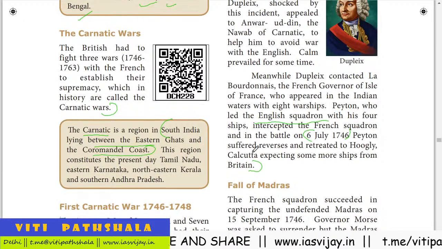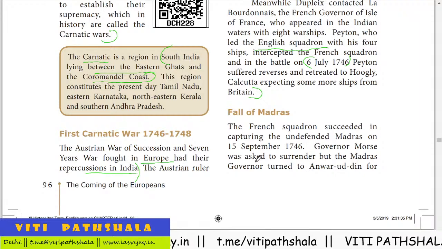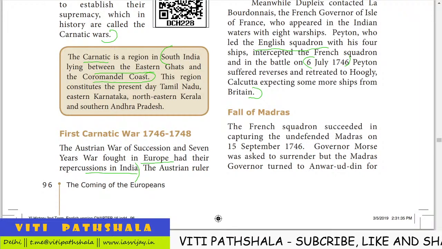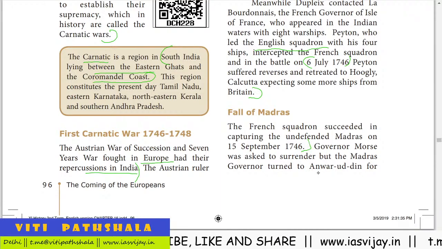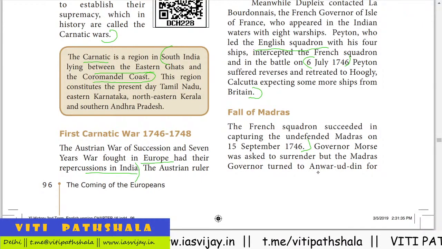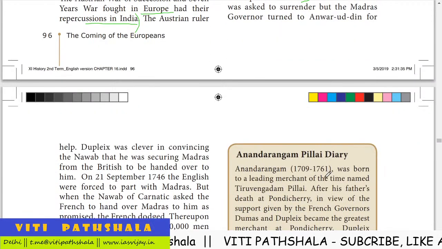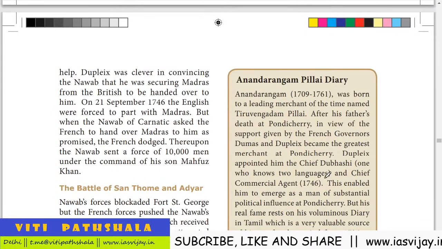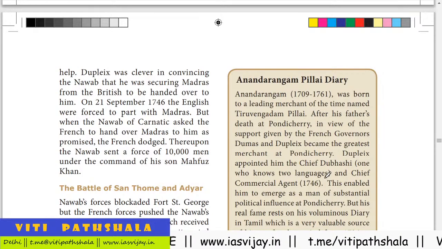The next is the fall of Madras. The French squadron succeeded in capturing the undefended Madras on 15th September 1746. Governor Morse was asked to surrender, but the Madras governor turned to Anwaruddin for help. Now, Dupleix was clever in convincing the Nawab that he was securing Madras from the British to be handed over to him.